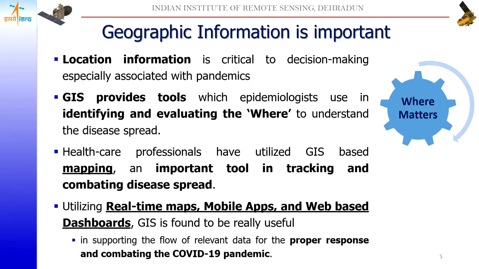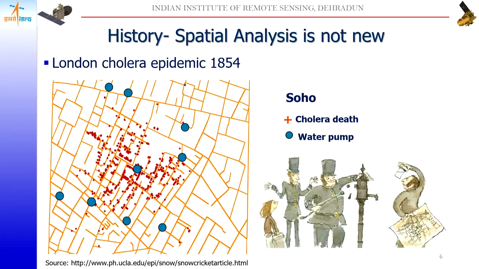What makes GIS so important in addressing this health crisis is that it enables us to understand how the disease is spreading, and where the patients are, or where the crisis is occurring, so that the necessary intervention by government and health officials can be taken in time, before things go out of control.